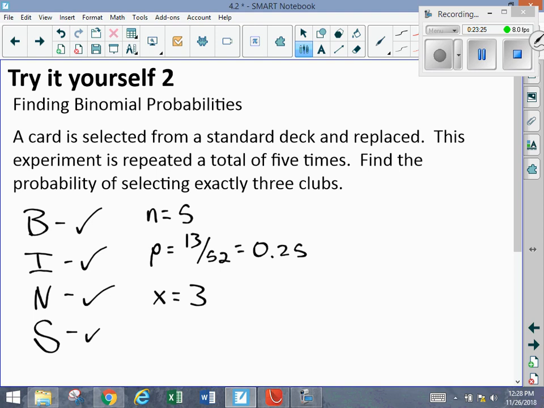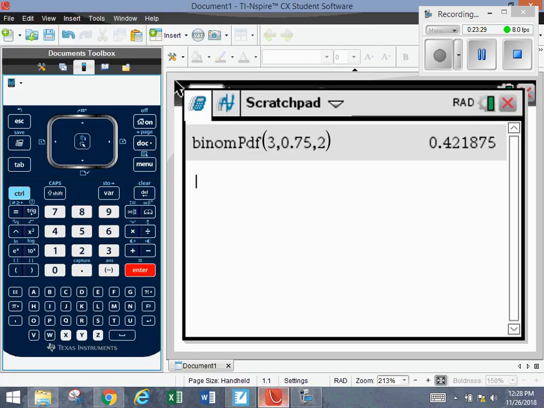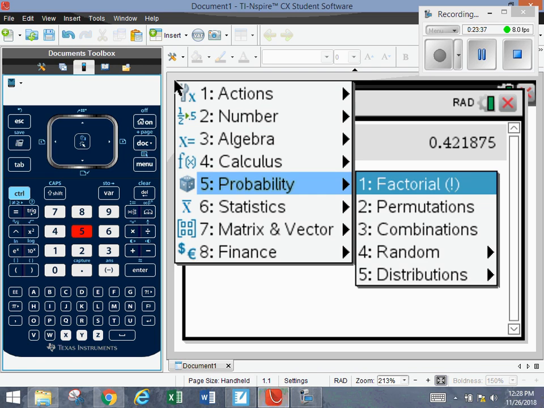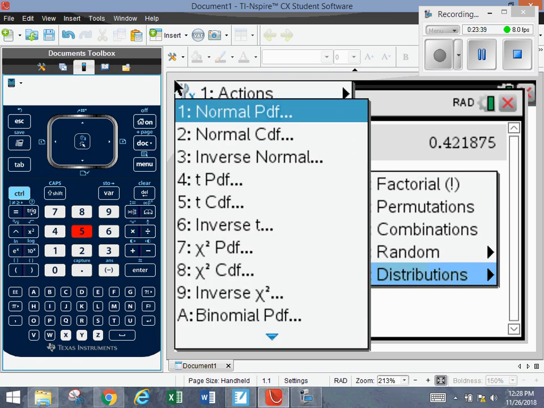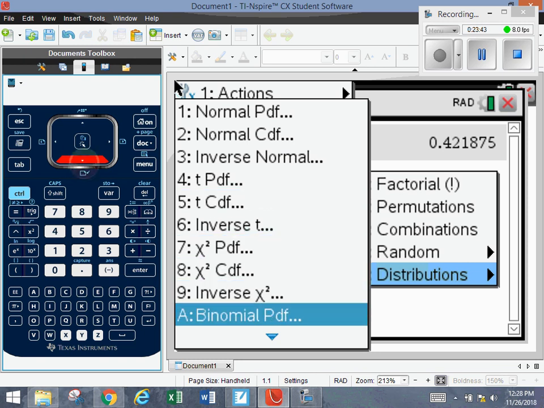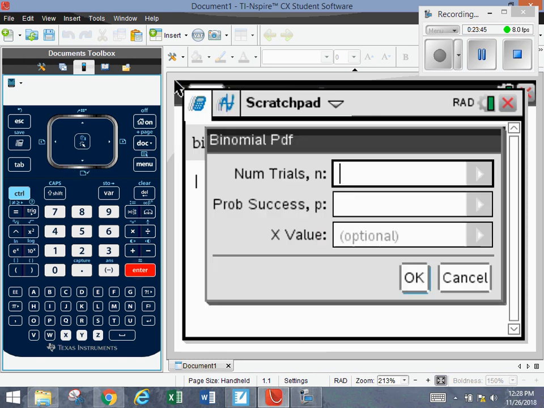All right, now we can go ahead and put that bad boy into our handy dandy calculator. So we're going to go menu, probability, distributions, and we'll go down to binomial PDF. It asks us our number of trials. We're doing 5 trials, right?